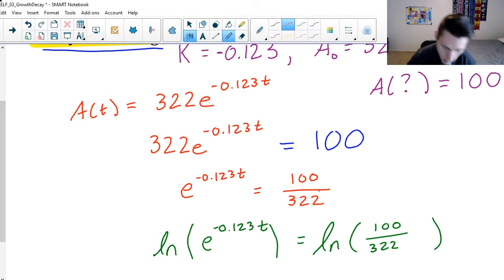And since I have the natural logarithm, which is base e, and I have the exponential, which is base e, those cancel, just like we did yesterday and on the warm-up.